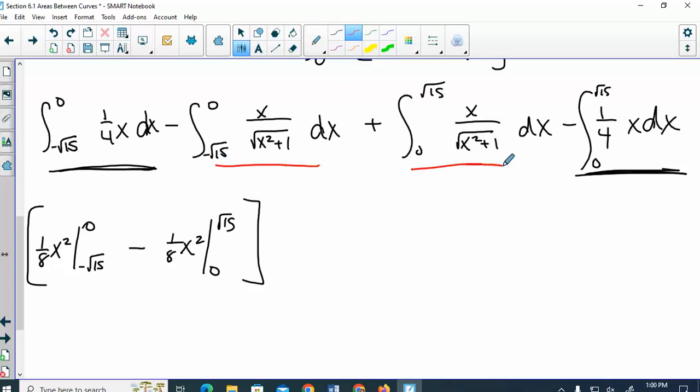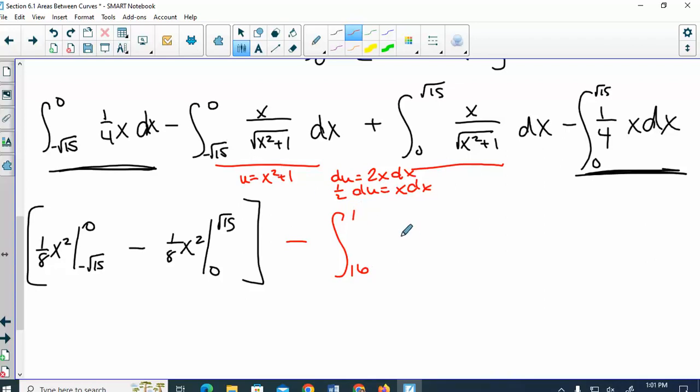What would I have to do to integrate these things? U's. What would my u be? Du? Dx. So it'd be 1/2 du is equal to x dx. Okay, so this one, if I go ahead and change my limits, you put in negative radical 15, you get 15 plus 1, so 16.